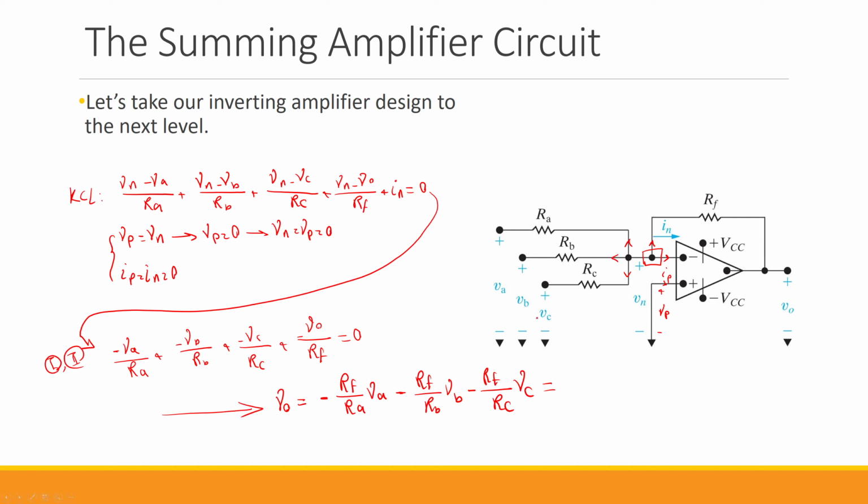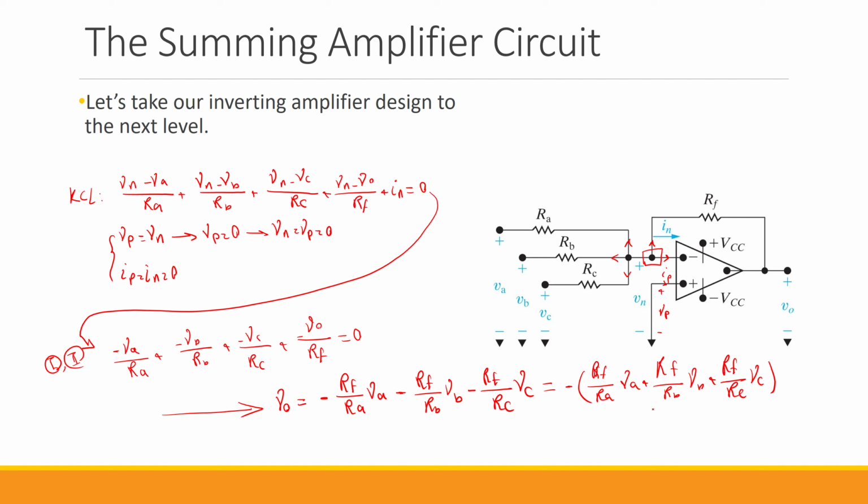Or since we said that this is the summing amplifier, I can write it like this, putting the negative sign outside: negative of RF over RA VA plus RF over RB VB plus RF over RC VC. That shows the relationship between VO and the three input voltages that we have here.